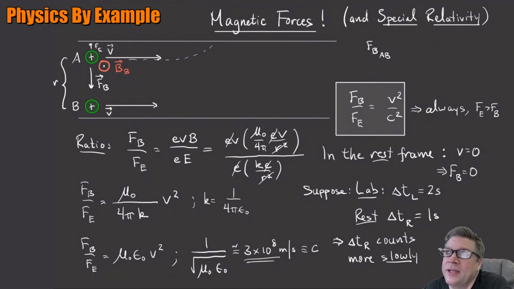So it is true that I played a little fast and loose here, talking about the electric field of a moving charge and the electric field of a stationary charge as sort of the same thing, and they're not, but the ratio stays the same. So that's a kind of a neat thing.